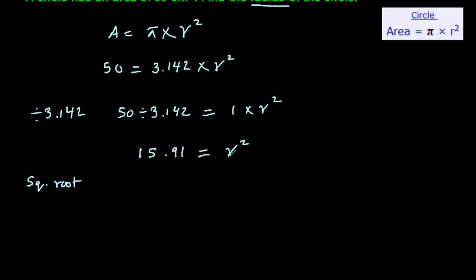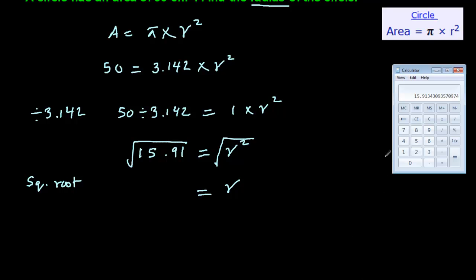Because the square root of r squared is r, when I square root this side I will get r. When I square root that, the square root of 16 is 4, because 4 squared is 16, so the square root of 15.91 should be very close to 4.